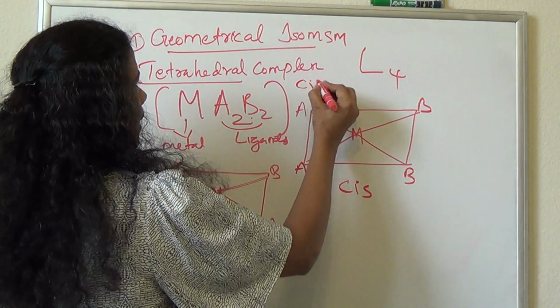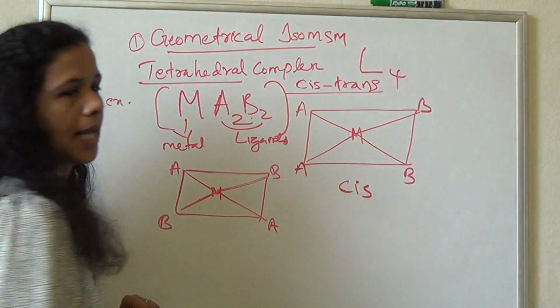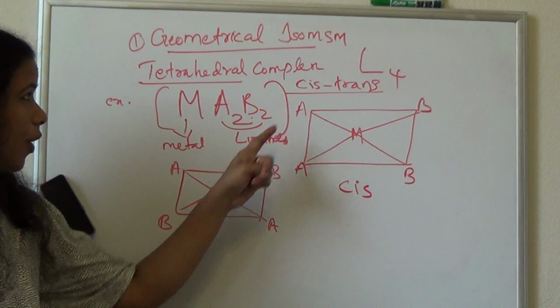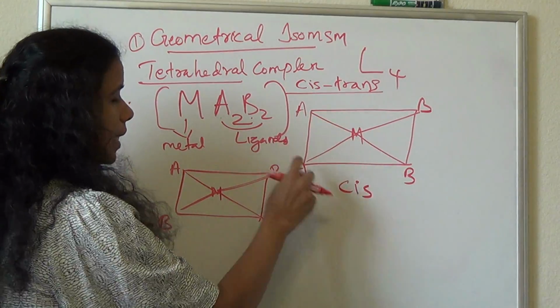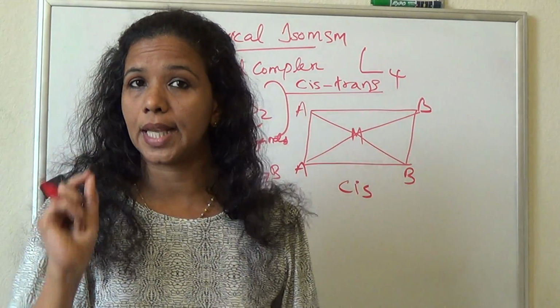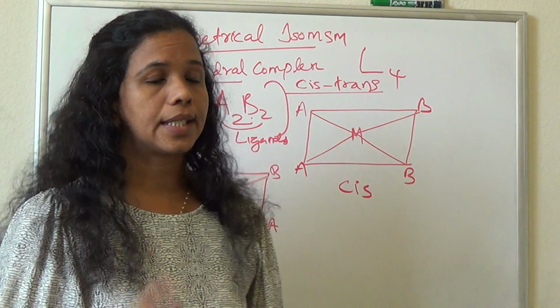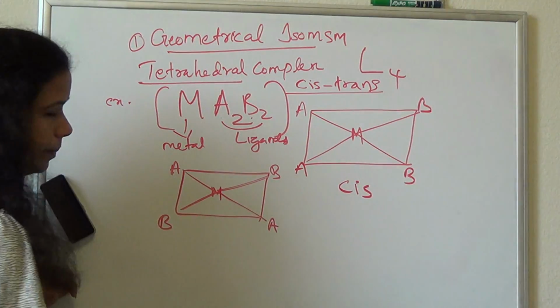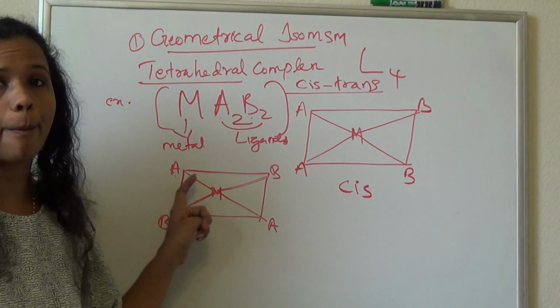So here we are discussing geometrical isomerism. It is also called cis trans isomerism. So if the same type of ligands are on the same side of the complex, that is called a cis isomer. And here A and A are on opposite sides.